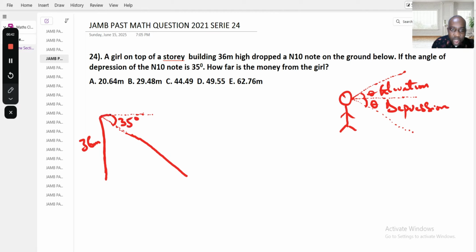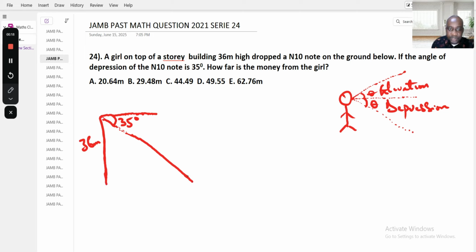This is called angle of depression. But if you look towards up at the tree, that is angle of elevation. But this one, she dropped the money down. It means that she will be looking downward, and the angle from the level of her eyes, which is horizontal, is 35 degrees.